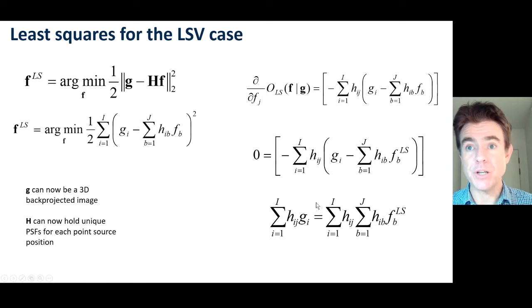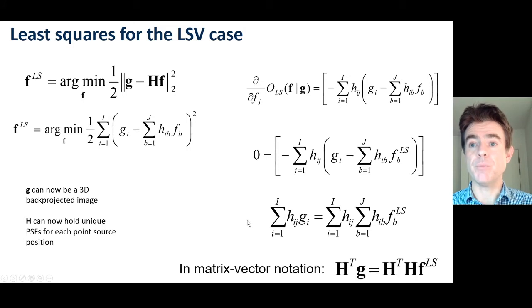And so you notice on the left hand side again it's a summation over this first index, and this corresponds to H transpose operating on G. So in matrix vector notation we've got H transpose G needs to equal H transpose H F LS, and the FLS that satisfies that equation will be the least squares estimate for this more general linear mapping H.